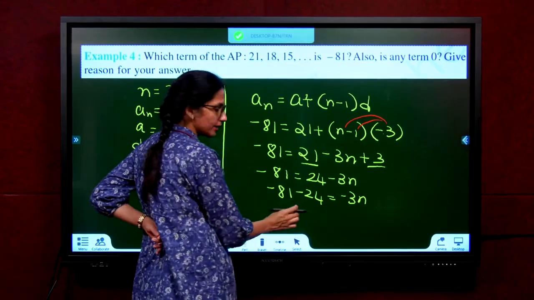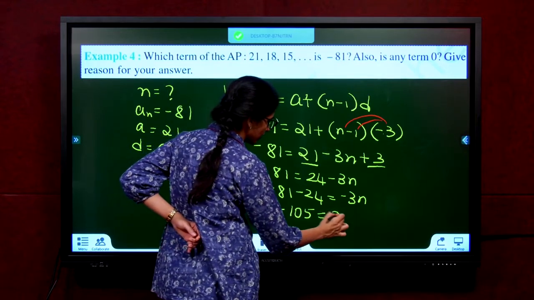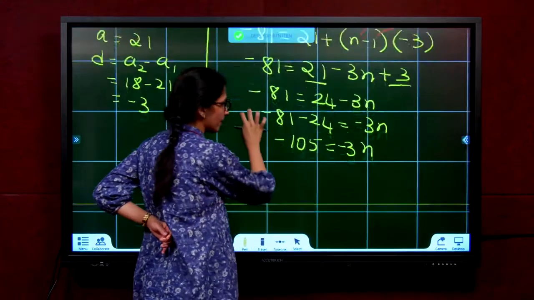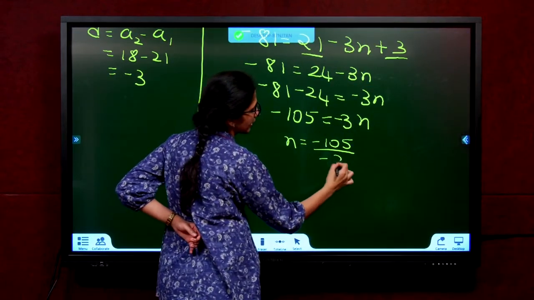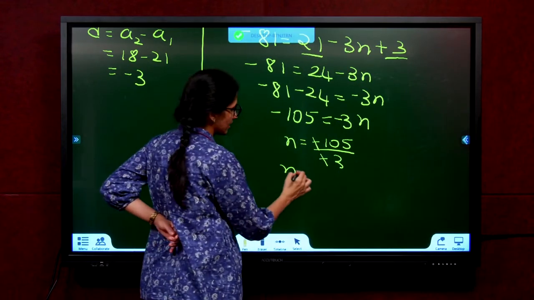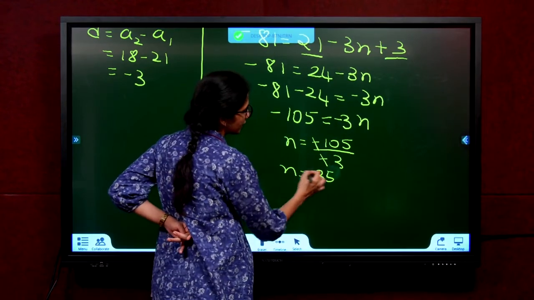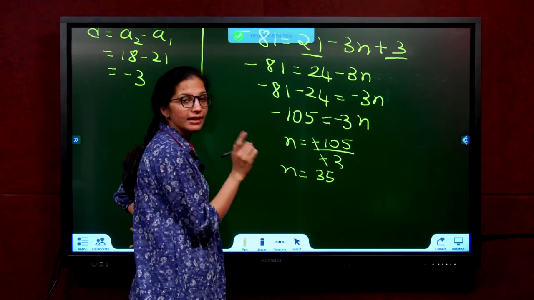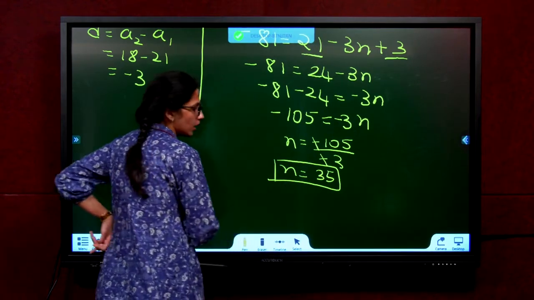Minus 105 is equal to minus 3n. n is equal to minus 105 by minus 3. Just send the minus 3 down. Minus minus cancels. n is equal to 3, 3s are 9, 5s are 15. n is plus 35. We learned n should be greater than or equal to 1. So this is possible. So n equals 35.